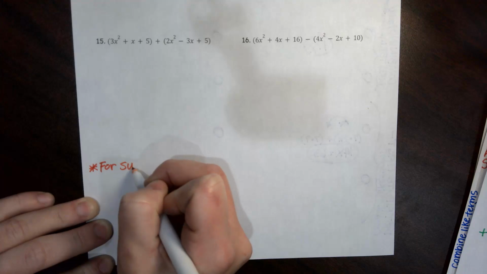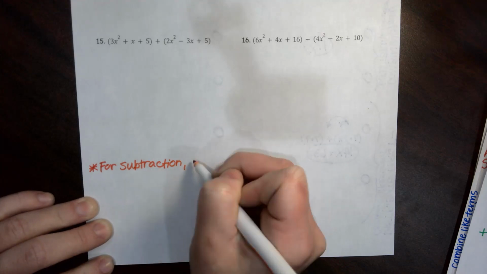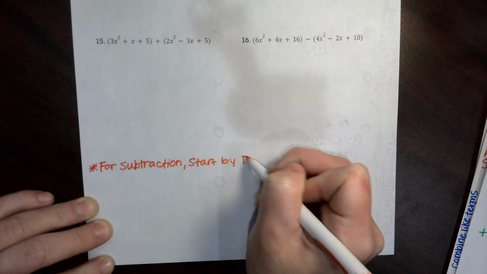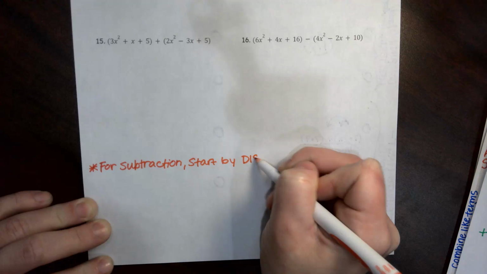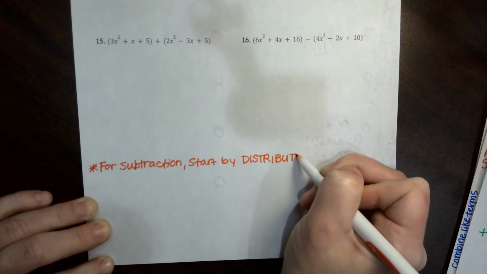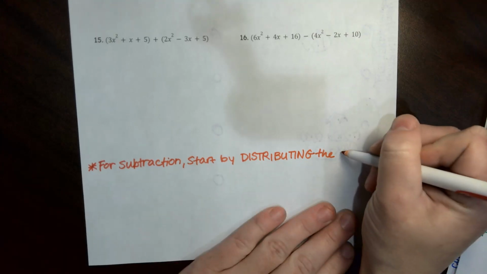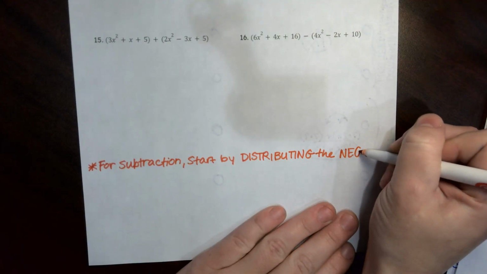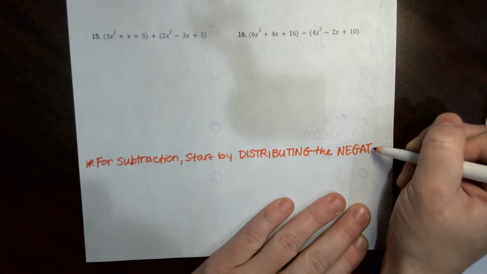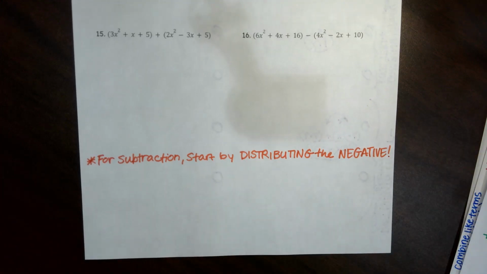So for subtraction, start by distributing the negative first. Exactly. And we will go through examples. We'll make sure everybody knows what that even means.